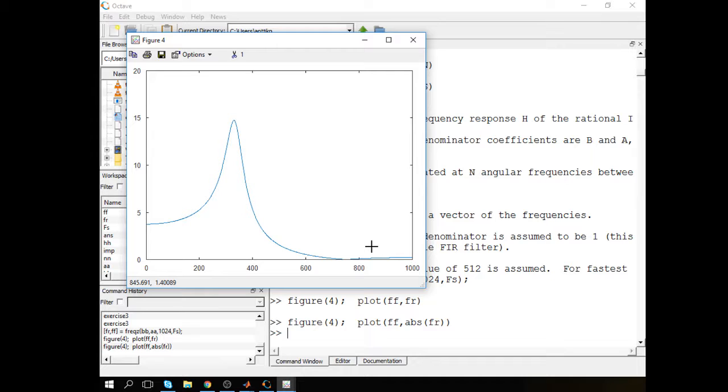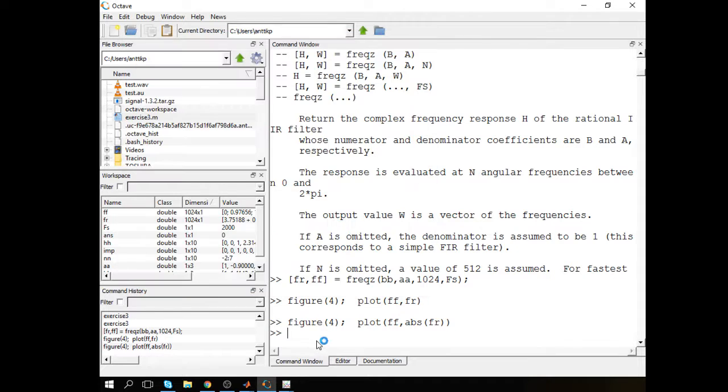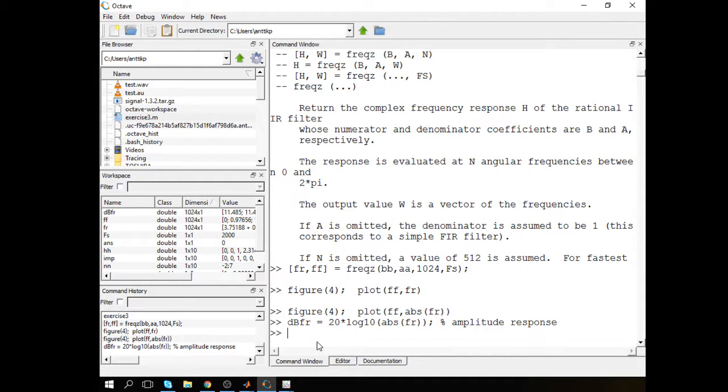So the frequency response is, right, actually dB of FR, which is 20 times log10 of the absolute value of FR. Okay, now we go. That's the amplitude response. And again, figure 4, but dBFR.